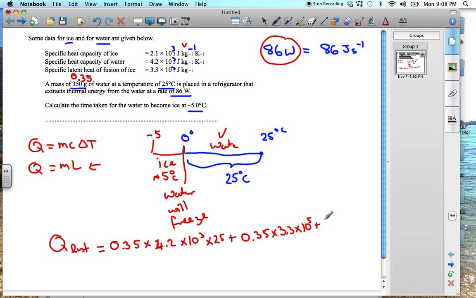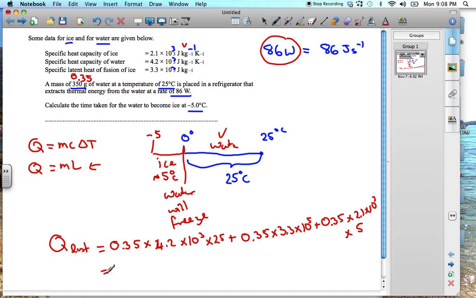Plus, now it's going into ice. So now we're looking at the energy loss when it cools further, 0.35 times 2.1 times 10 to the 3 times the change of temperature, which is 5. So we do that all on our calculator. We can do it all in one step. We don't need even any brackets. We can just put it in.